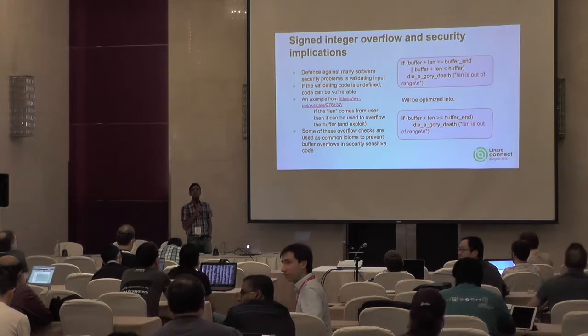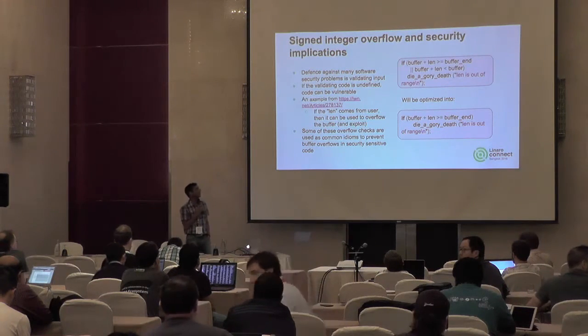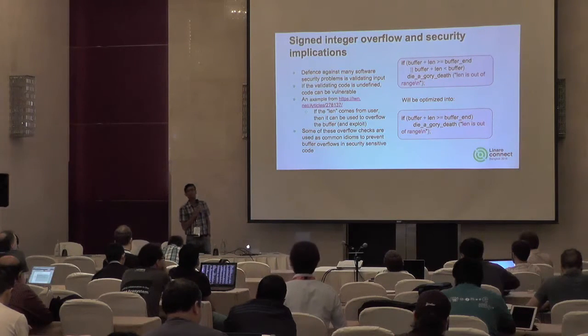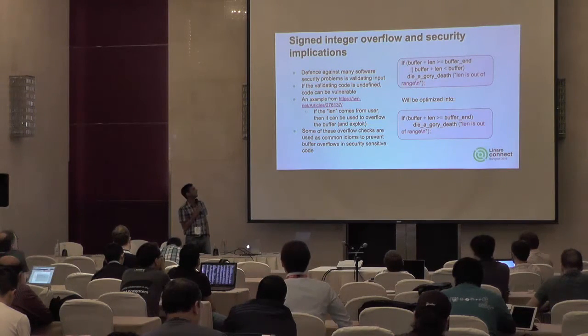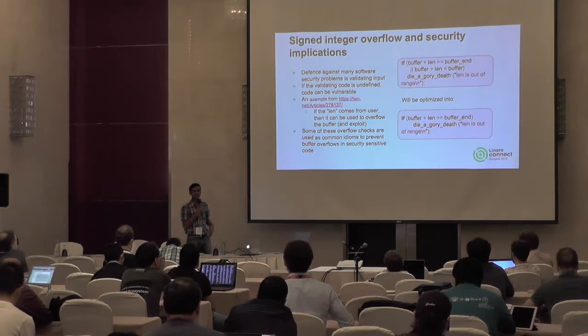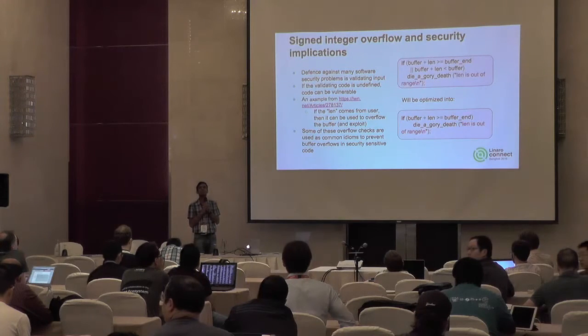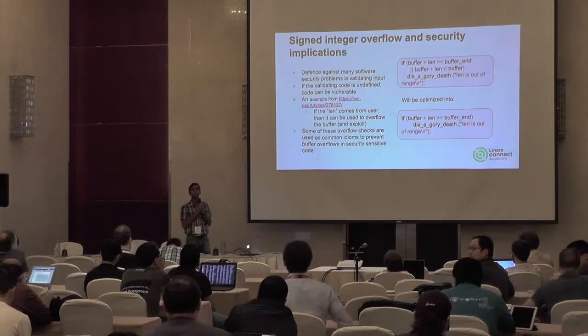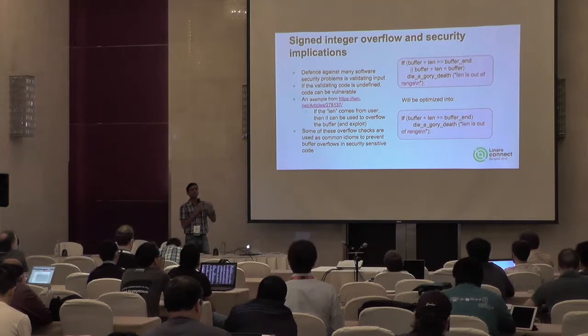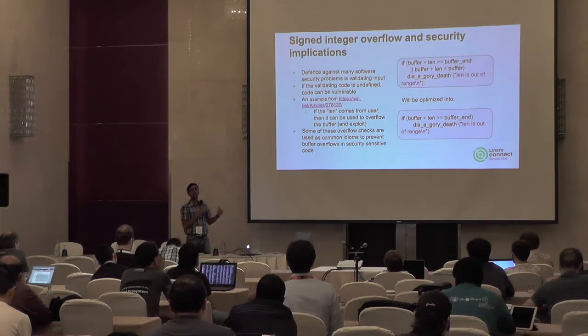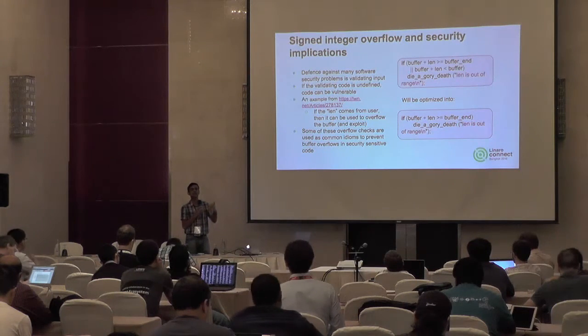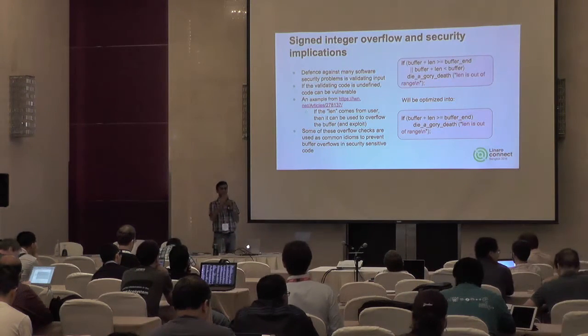Basically the compiler is assuming that buffer plus len less than buffer will always be false. If you don't want this behavior, you can use the -fno-strict-overflow flag in GCC, and it will preserve the meaning of what the user wanted.